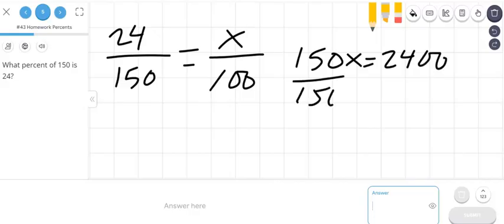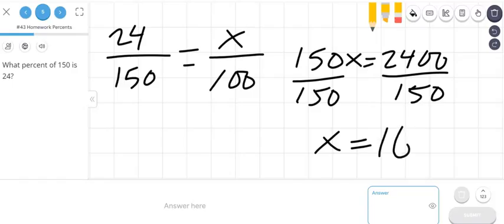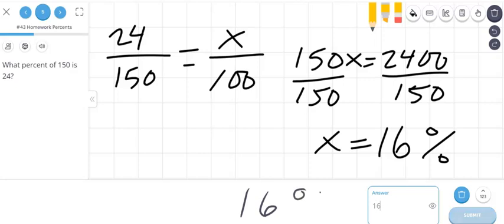Divide both sides by 150. So 2400 divided by 150. That gives us 16. And don't forget to put the percent sign. So 16%.